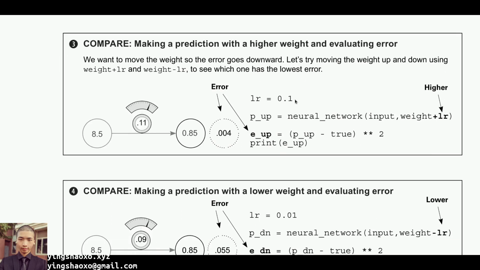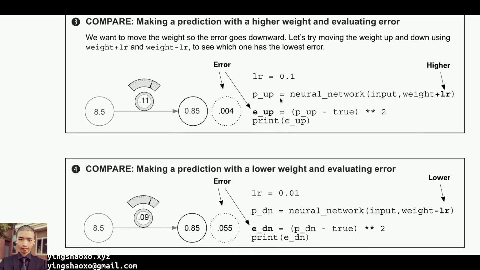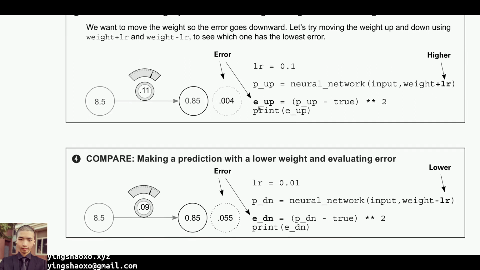Again, the learning rate equals 0.01. The prediction up equals neural network, and we give this function two parameters: the input and the weight plus the learning rate. In this way, we get the result if we raise the weight by the learning rate.